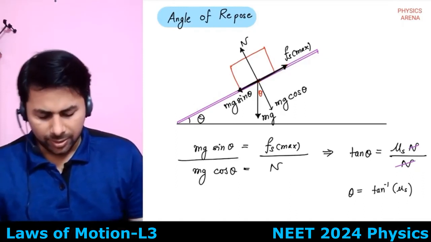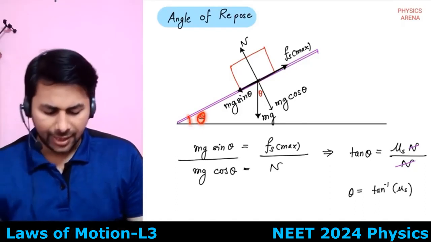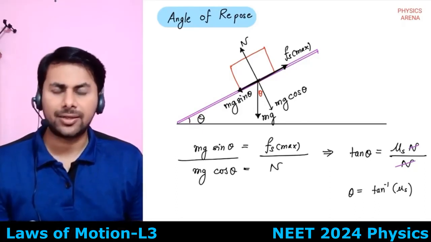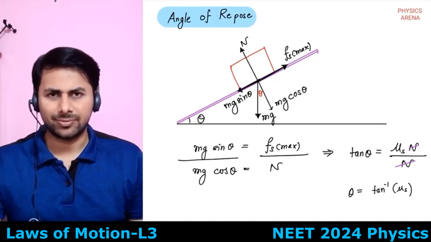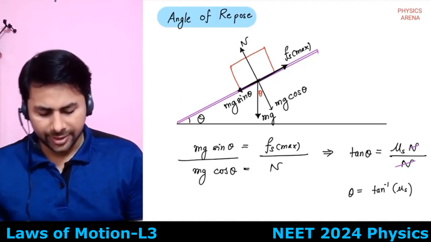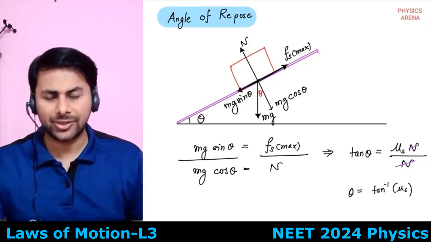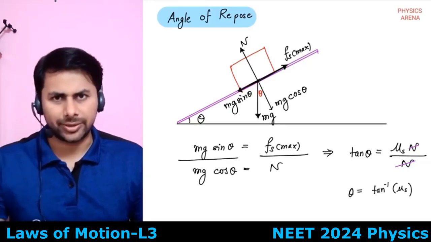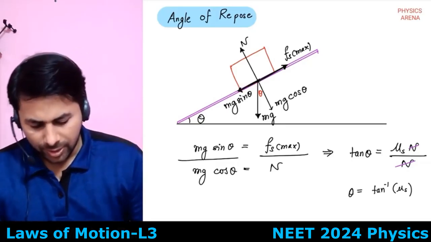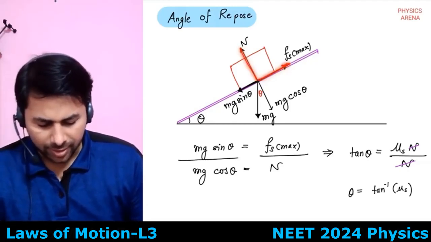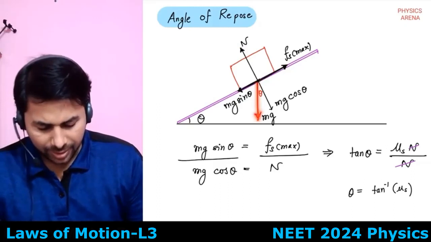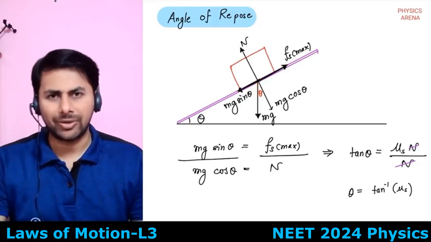This is the particular angle at which the body just begins to slide. That means the frictional force will be maximum, and the external force has just matched the maximum value of frictional force. Now these are the three real forces: the normal reaction, the frictional force, and the weight, or gravitational force.